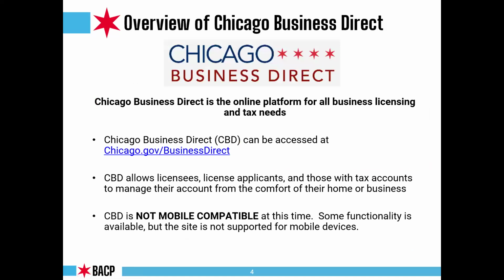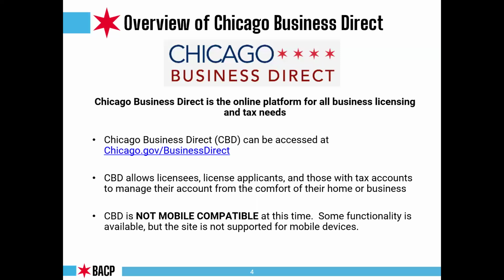So, an overview of Chicago Business Direct. As I said, you can access Business Direct at chicago.gov/businessdirect. This platform is available for both licensing and tax needs, and allows you to do it from the comfort of your own home, from your business, but it does not allow you to do it from a mobile device.